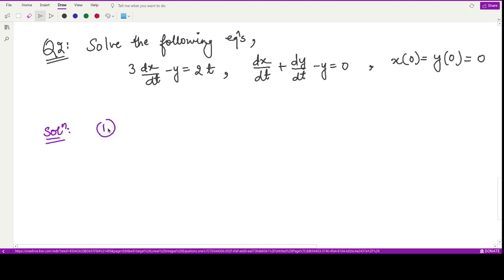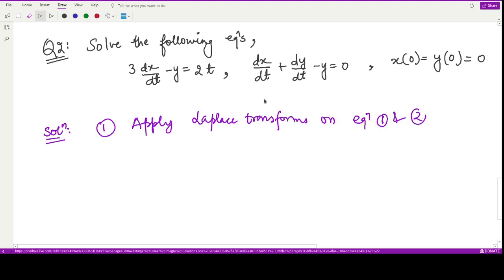So first step is, we'll apply Laplace transform on both equations, on equation number 1 and 2. So suppose this is your equation 1 and this is your equation 2.